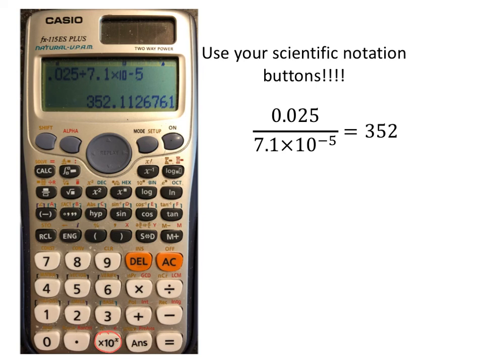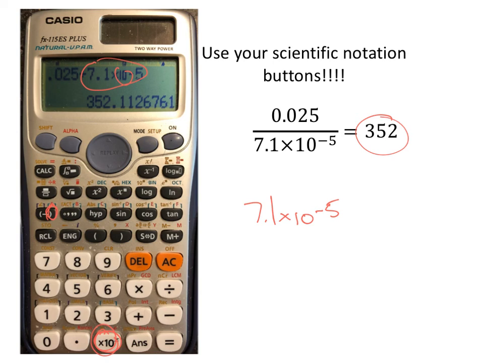And so if I want to enter 7.1 times 10 to the minus 5, I would just do 7.1, and then when I click this button, it does the times, and then the 10 is actually smaller, you can see on the screen, than a normal 10, and I just put in the negative 5, again using the button for negative sign, not minus, and it now knows that this number is in scientific notation, and so I get the correct result. I don't have to worry about the parentheses and the carets and all that other stuff.